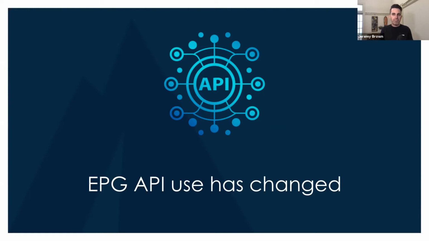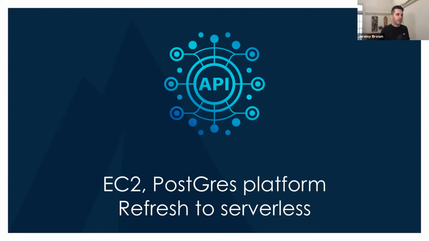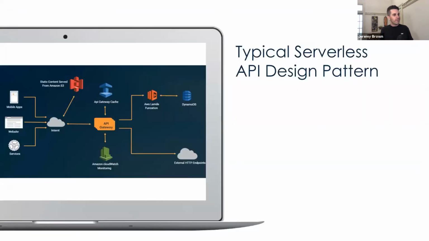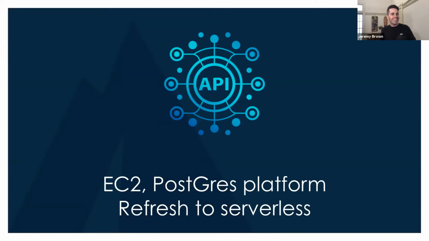It became universal. The stack was pretty consistent with anything built about 10 years ago, maybe 8 years ago, an EC2 Postgres platform. You know, it was time to refresh to serverless.